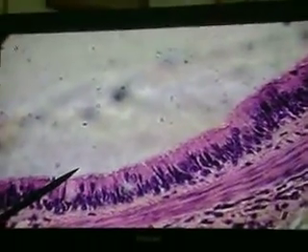So we know we are in the bronchiole, not a terminal bronchiole, because terminal bronchioles lack goblet cells. And the epithelium here is still very much pseudostratified columnar ciliated. So this is really a beautiful picture of respiratory epithelium.